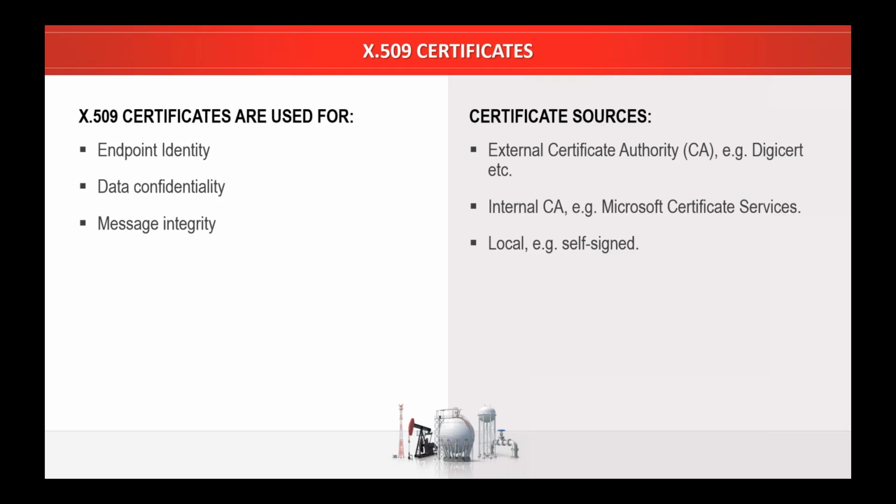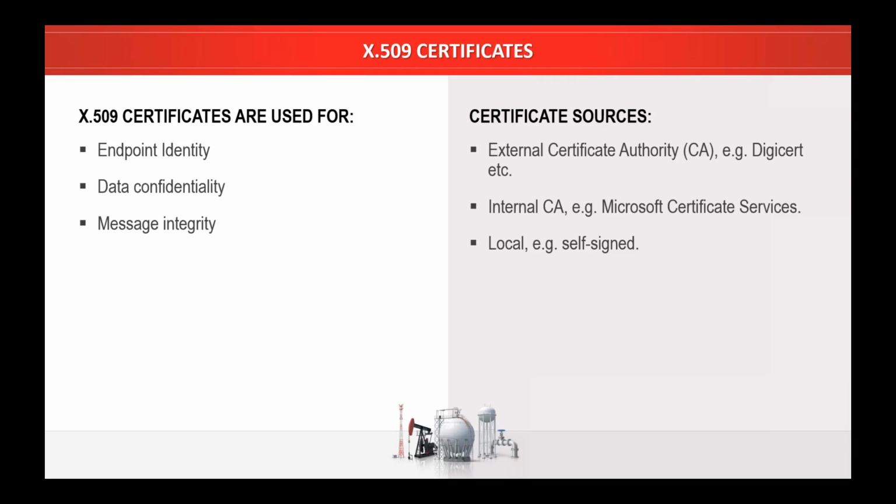Within the certificate, we've also got a public key, and associated with the certificate there's a private key, and those are used to encrypt data, and that's the second leg of the security task within OPC-UA, which is data confidentiality. So that encrypts all the data so that it can't be snooped by anybody else within the communications.